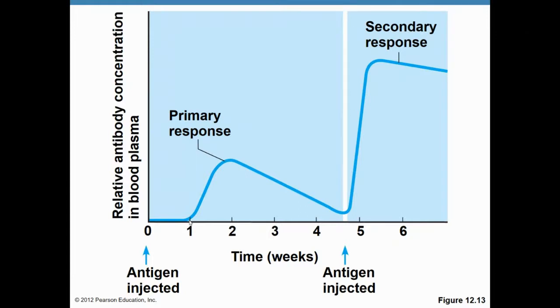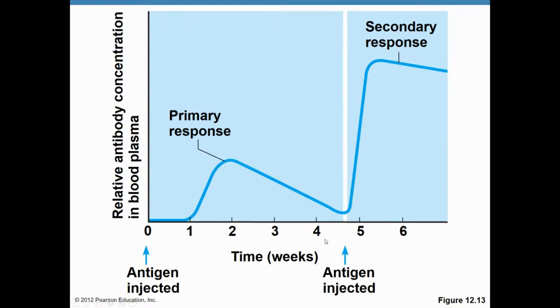So around day 7, you're going to start to see your antibody levels start to go up, and it's going to peak right around day 10 or 11, and then we're going to have a sharp fall of the amount of antibodies.